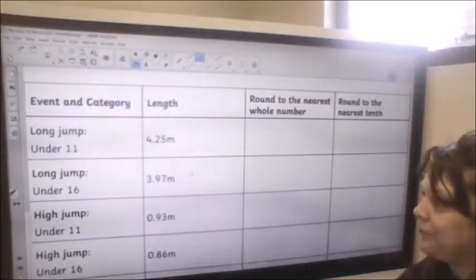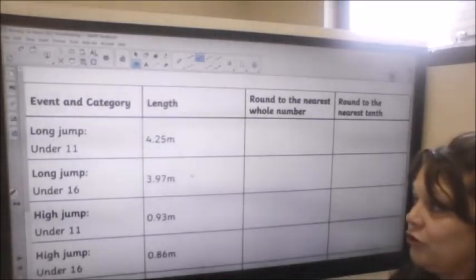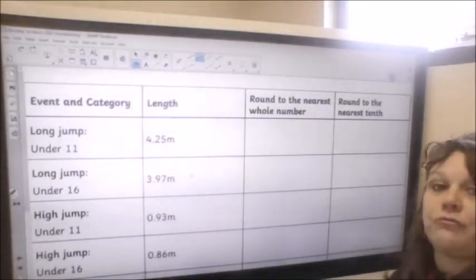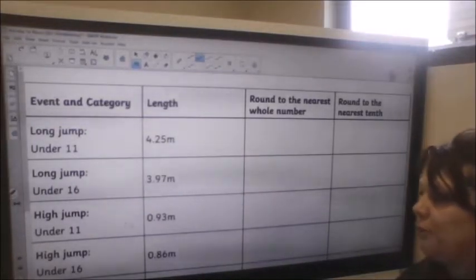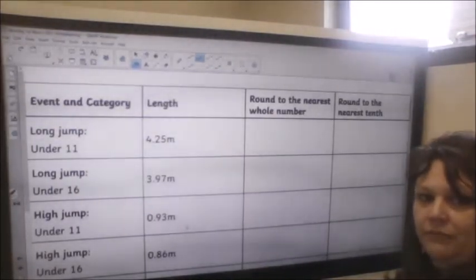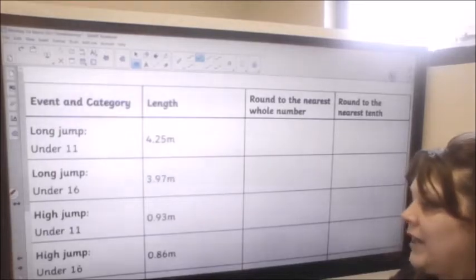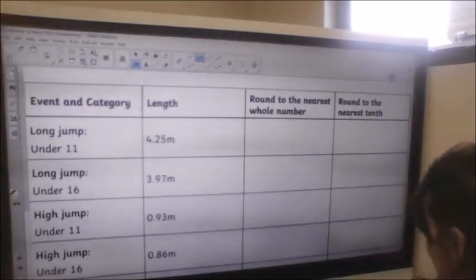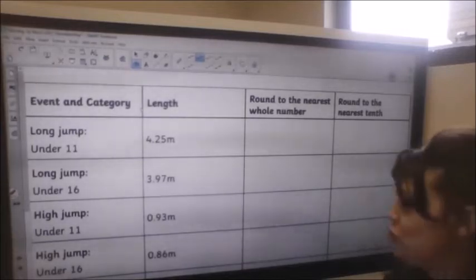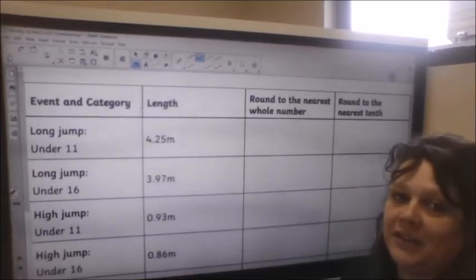In the under 16 category, it was 3.97 meters. In the high jump under 11s, 0.93 meters was jumped. And in the high jump under 16, it was 0.86 meters.